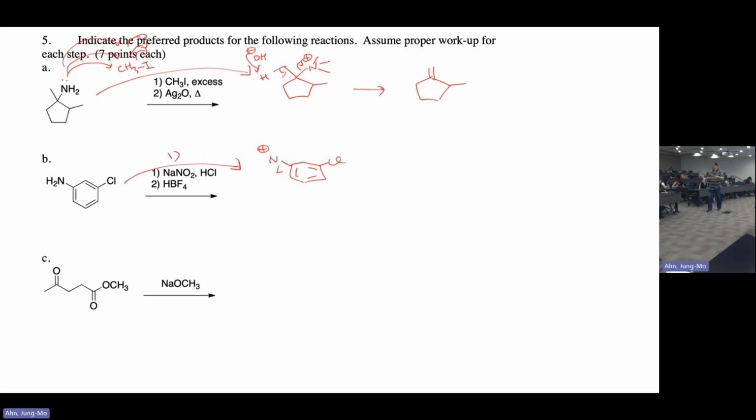So you can exchange a variety of nucleophiles. It can be replaced by water, it can be replaced by cyanide or any other things. But if you're using this HBF4, that replaces the N2 with a fluorine. So you can make a fluorination under a very mild condition. So this is the nucleophilic substitution reaction.